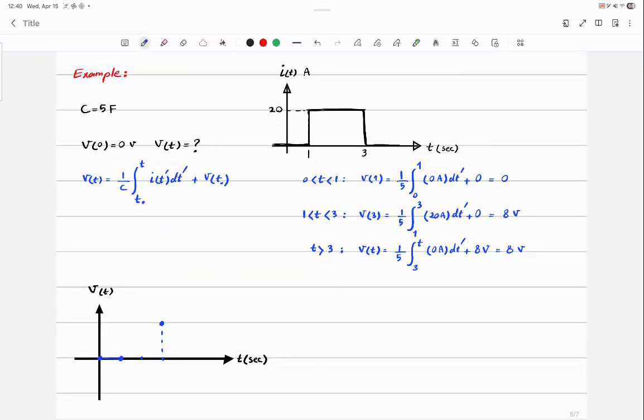That's why I can connect them using a straight line. Did that make sense to everyone?